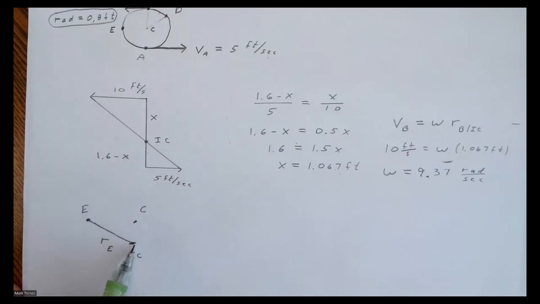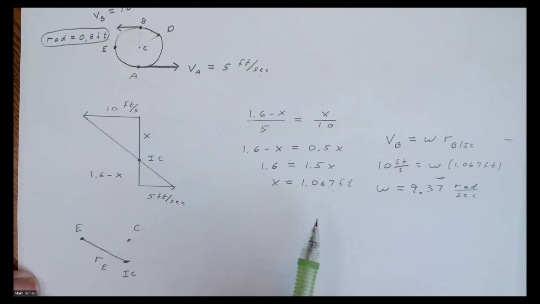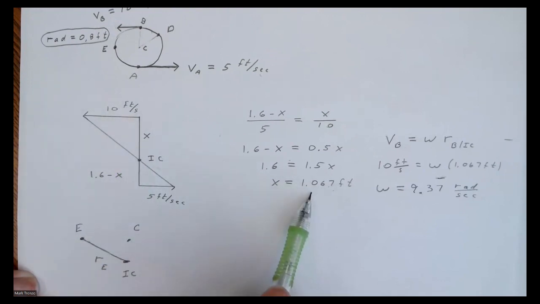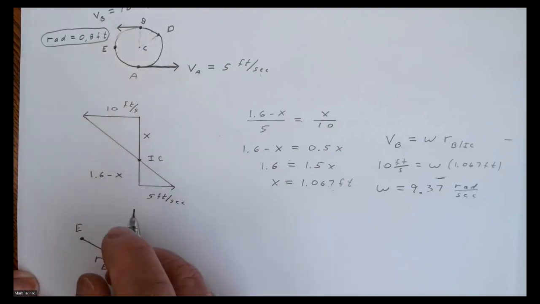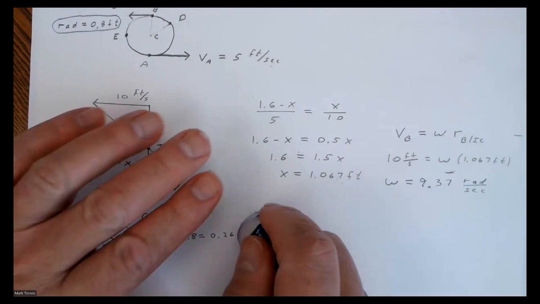We know this distance here has to be the distance from C to the instant center. The instant center is 1.067 from the top, and C is 0.8 from the top. So this has to be 1.067 minus 0.8, which comes out to be 0.267.